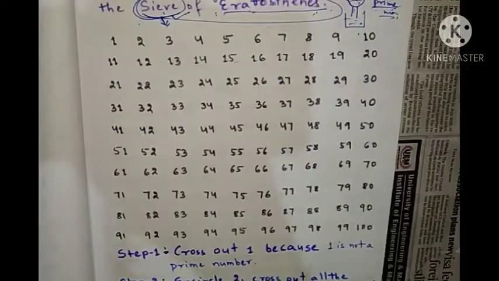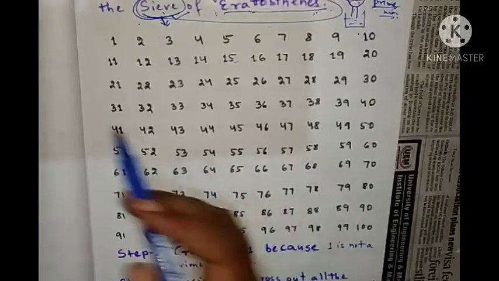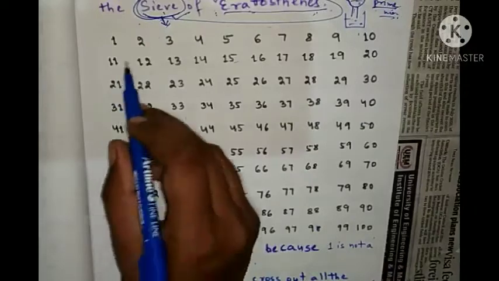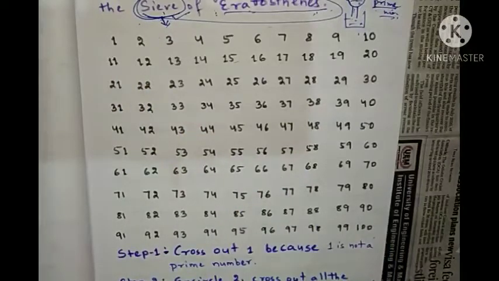Let's see. Here numbers are given from 1 to 100, and let's find out the prime and composite numbers with the help of the method.